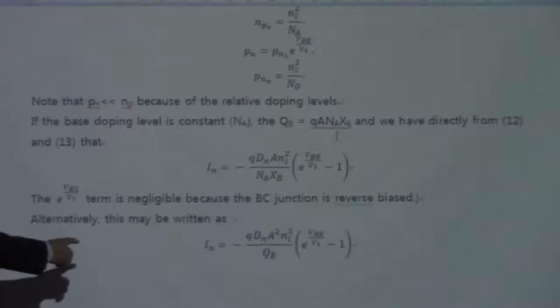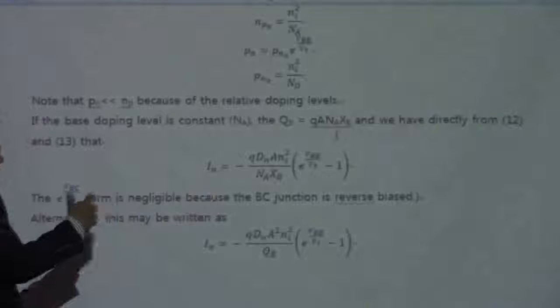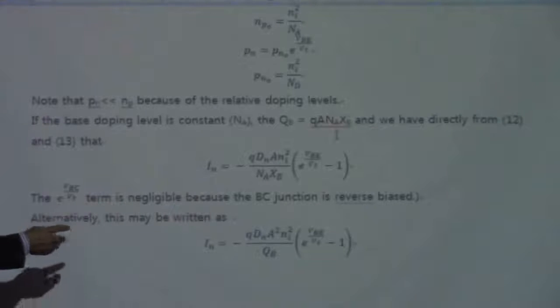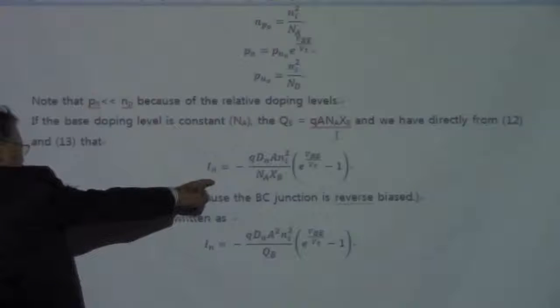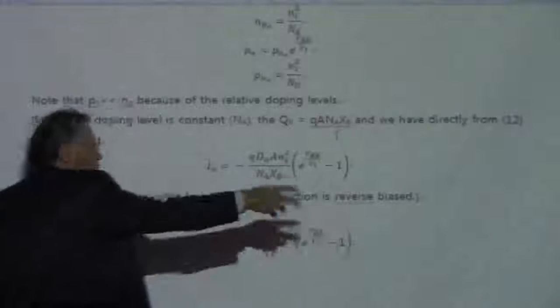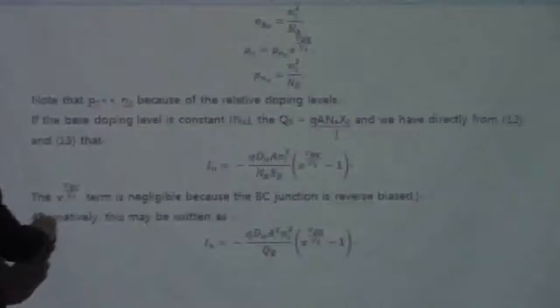Then we can say the electron current from the emitter to the base is something like this. This is with the collector reverse biased, so that term is almost 1. And then this can be written alternatively, something like this.